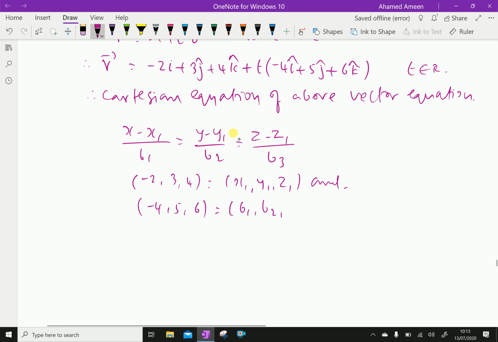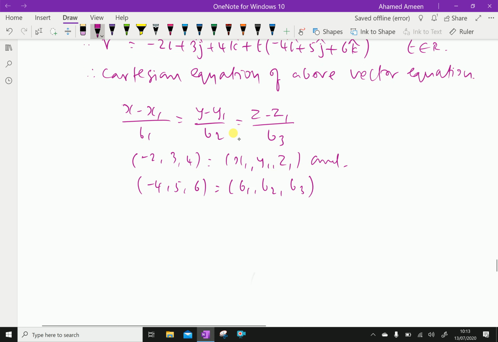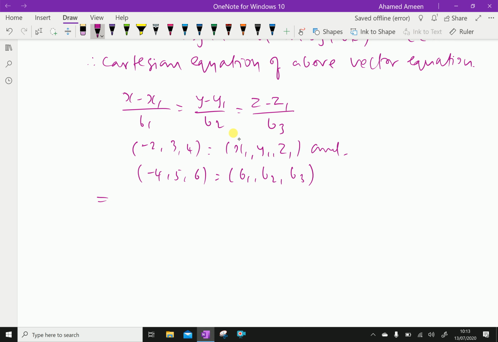Substituting, the equation becomes x plus 2 over minus 4, y minus 3 over 5, z minus 4 over 6.